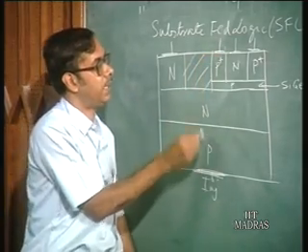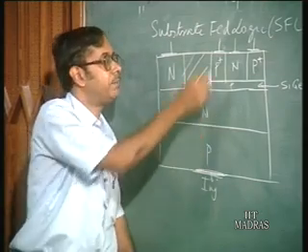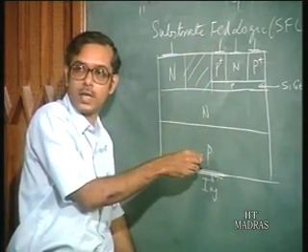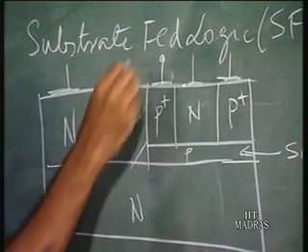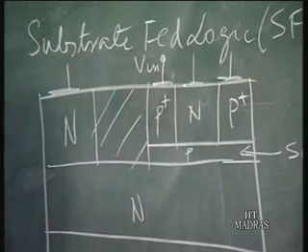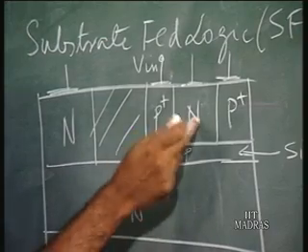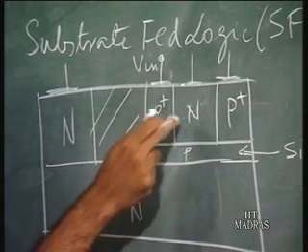So you have a PNP structure, all right, a PNP, this is the injector. This P region is actually the V in point, the input point, and you have the NPN transistor.